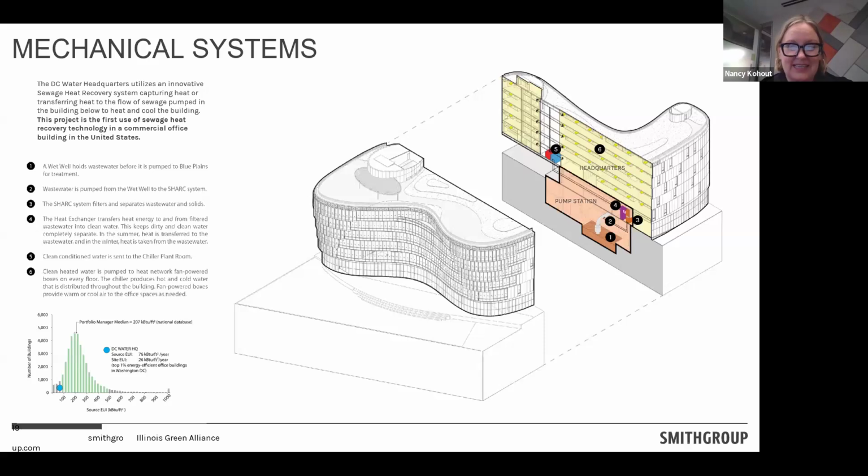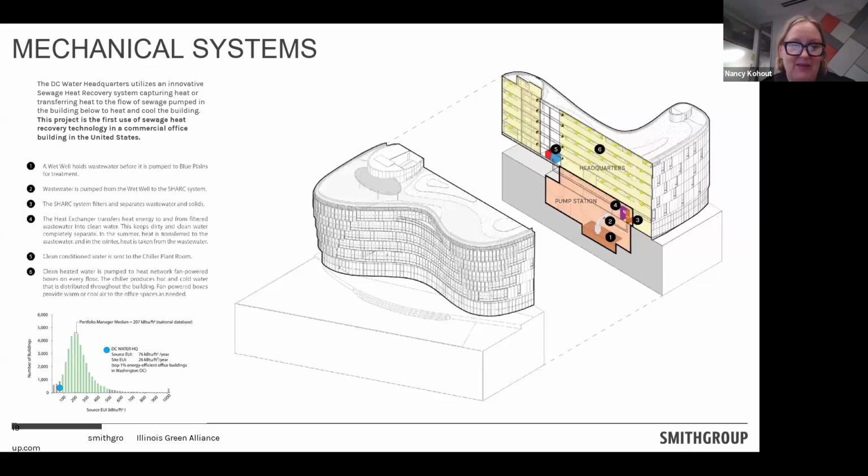And then basically just sort of functionally for the system, there's a wet well that holds the wastewater. And we're able to pump that, and I'll get into a little bit into the equipment later. I have some other diagrams, but all this is kind of happening underneath the building. And then we're just using that wastewater as a heat source or sink, depending on what the building needs over the course of the year.